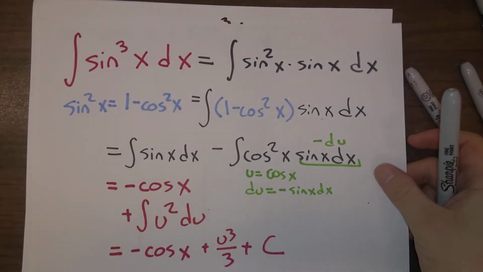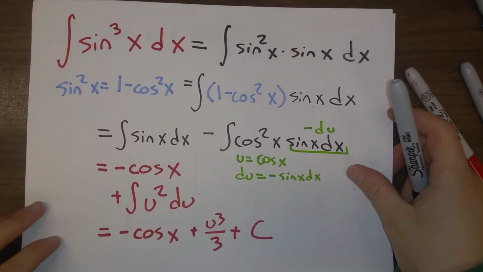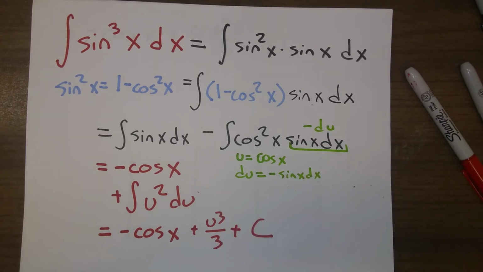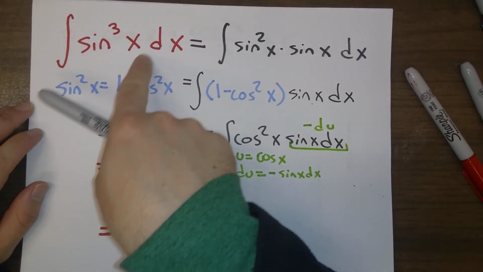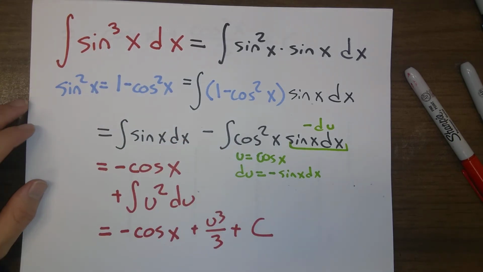So this is a pretty typical example, and we'll certainly be doing this a lot more throughout the rest of the section. But let's summarize what we did. We had an odd power of sine, and anytime we have an odd power of sine, we'll be able to do this.